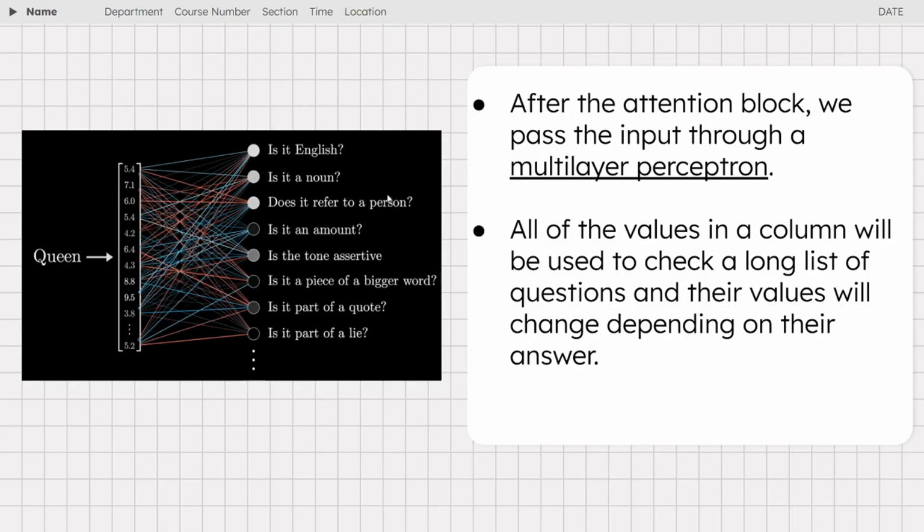And this value will change depending on the questions. So if it's the word queen and the value says that it is activated and it says English, then it is right. But if queen is an English word and English is not activated, it means that it is wrong. So we have to change the values so that it is activated. But right now, it is correct.